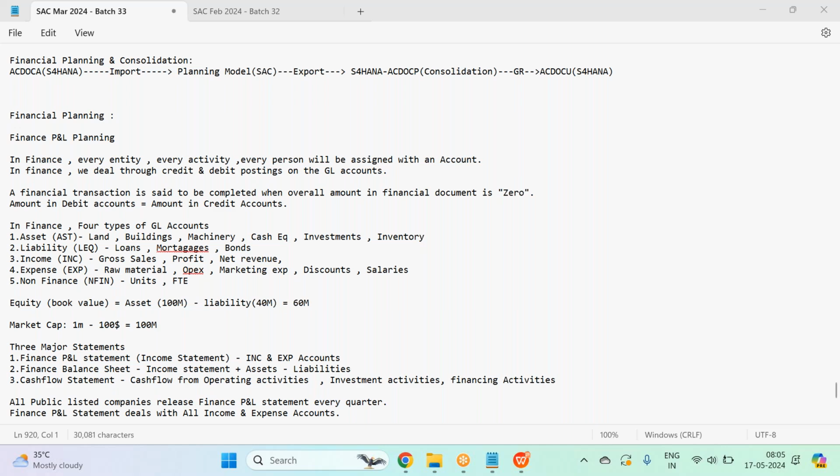They have some existing vendors from which they are procuring the raw materials. But due to some shortage, they are going to procure the raw material from a new vendor. If they're going to procure from a new vendor, the first thing they do is create an account for that vendor.